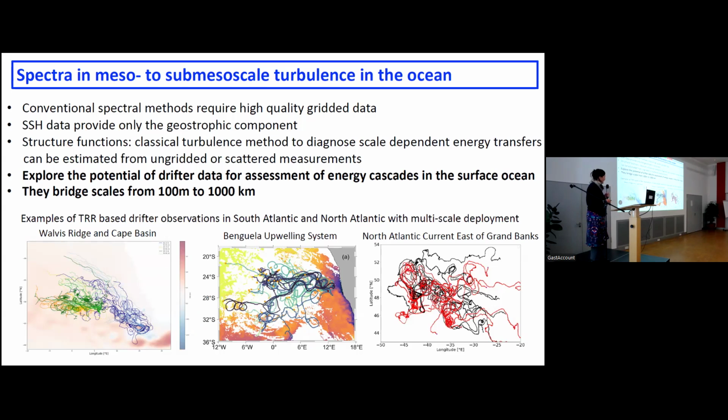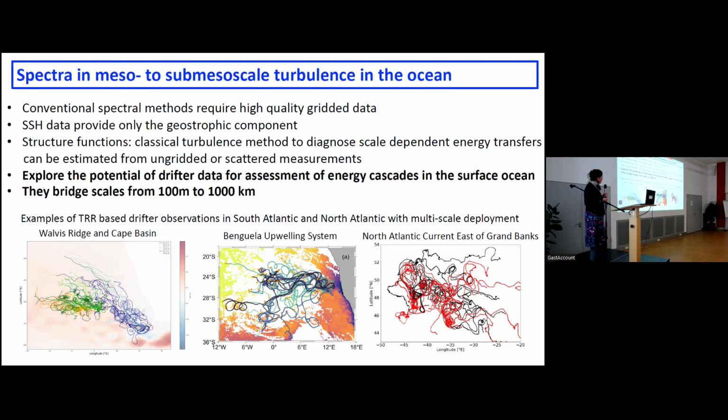And you don't necessarily have that in the ocean. You have ship tracks from which spectra have also been estimated, but they're basically just tracks in some regions of the ocean, and the resolution is also limited, and you don't necessarily get it at the very surface.